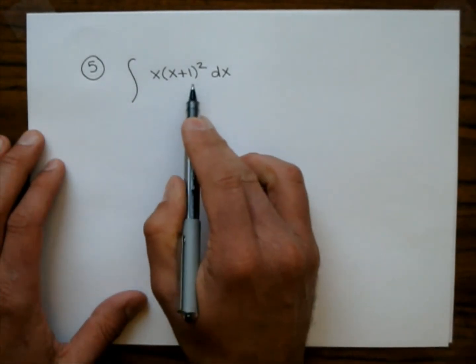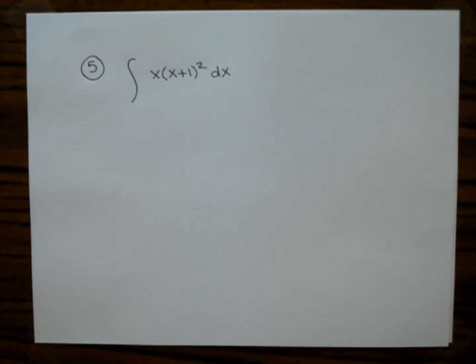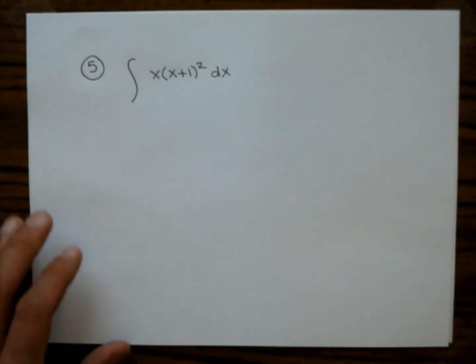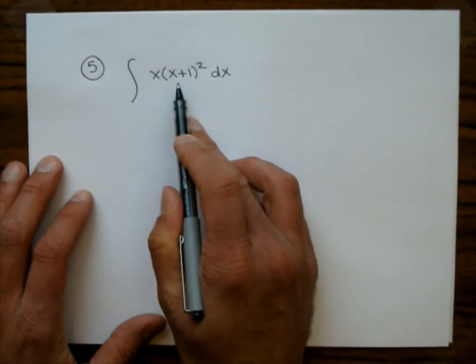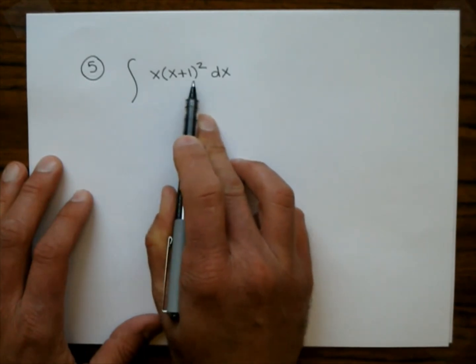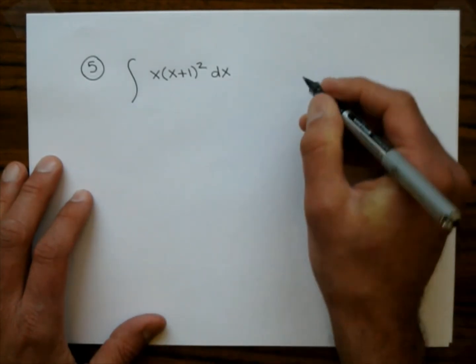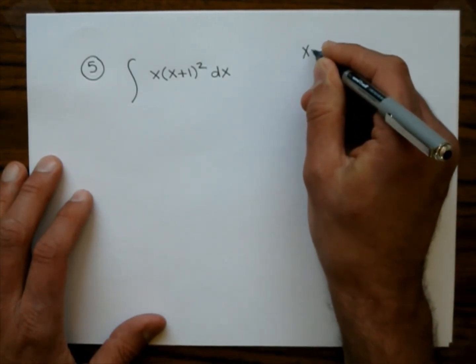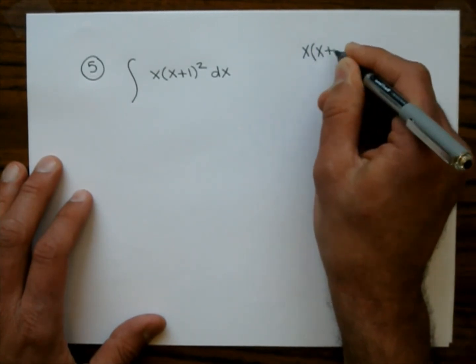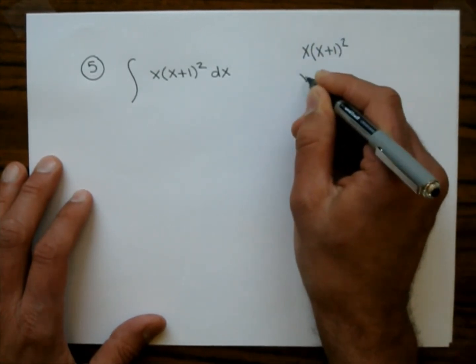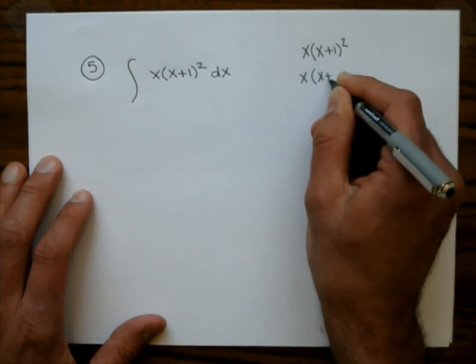Okay, so how do we do this? You're looking at your antiderivative sheet and you go, I don't see anything like this. What you have to do is multiply that out using algebra. So I'll do that off to the side. So x times x plus 1 squared. I'm going to go x plus 1 times x plus 1.